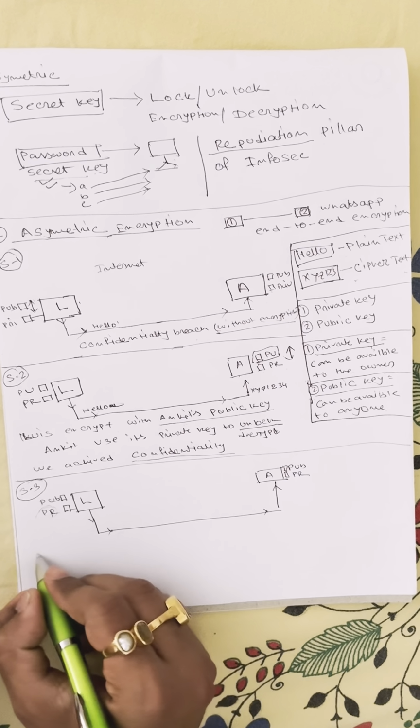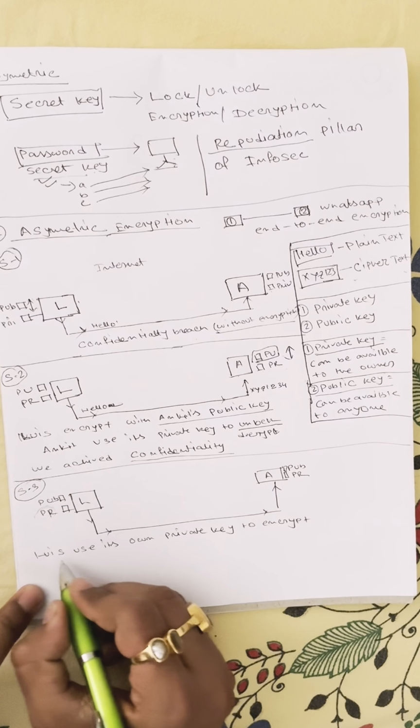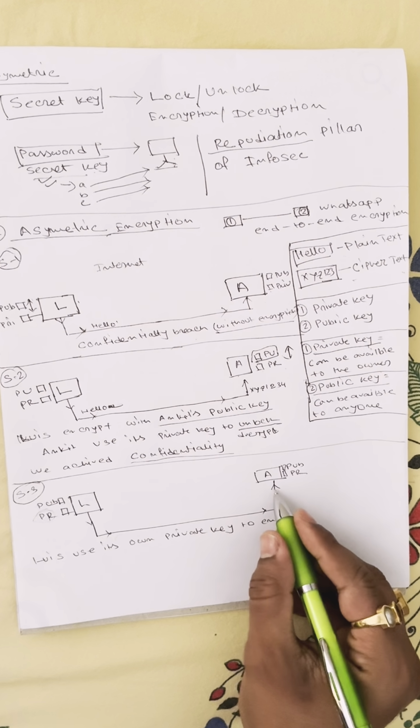Louis uses its own private key to encrypt. Okay, this message now reaches Ankit.